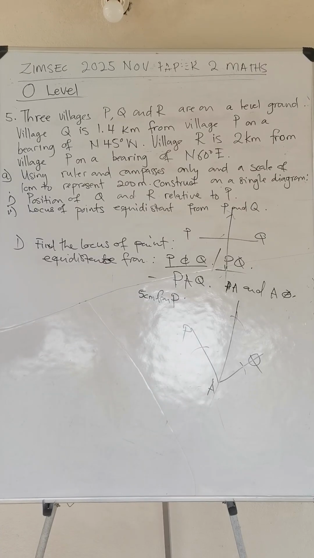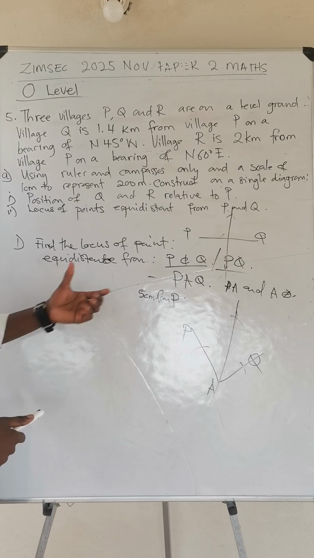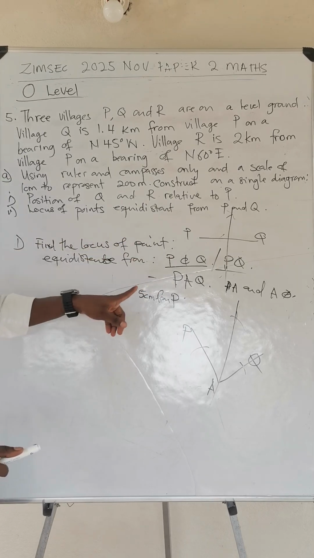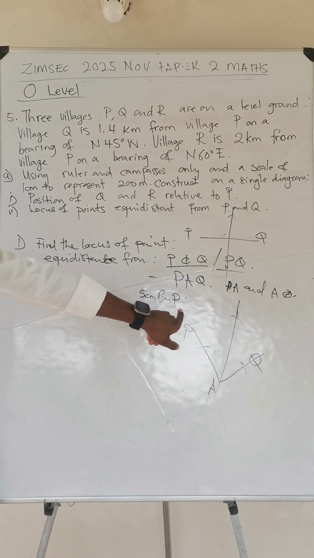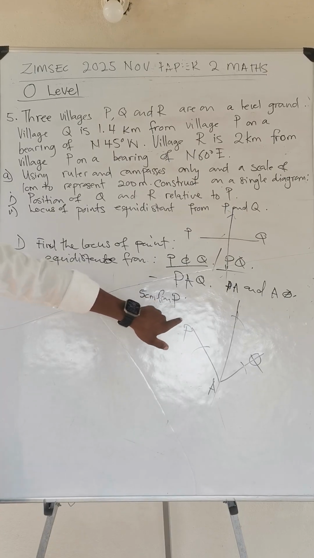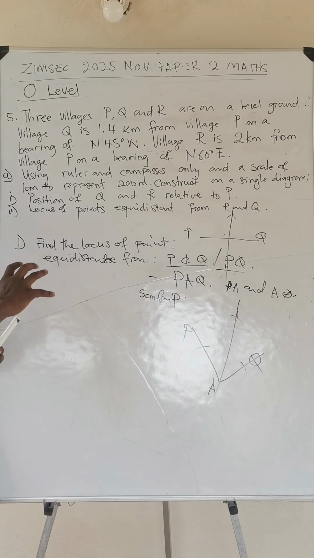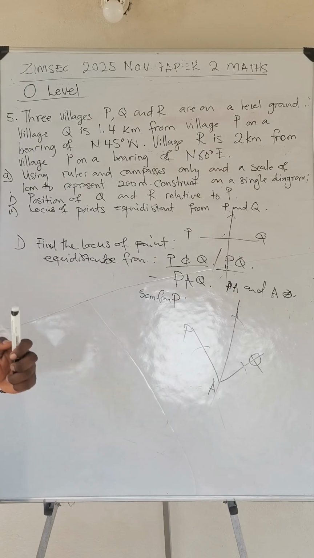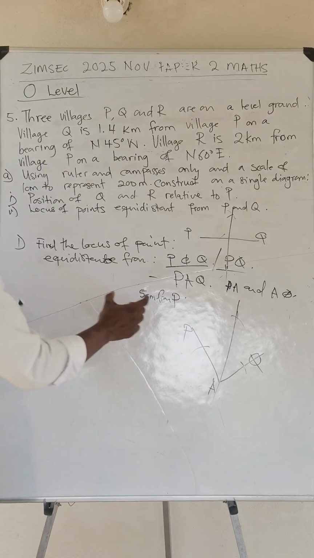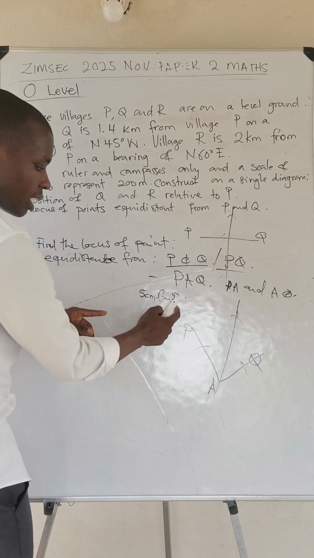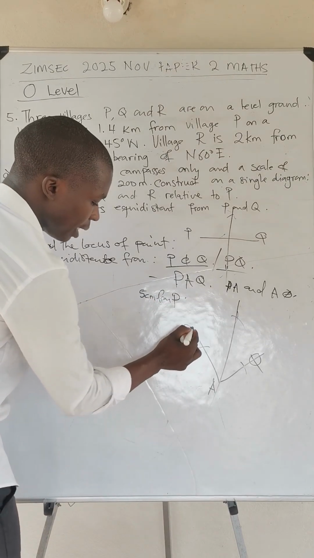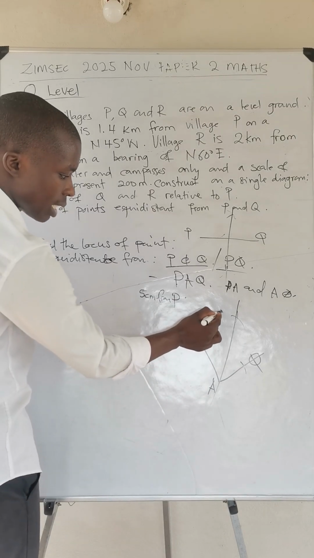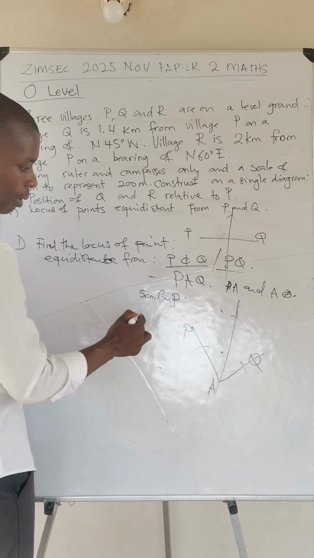Another one, find the locus of points which are 5 centimeters from point P. It means we don't know where exactly the points are lying. Maybe they are here, maybe here, maybe here.